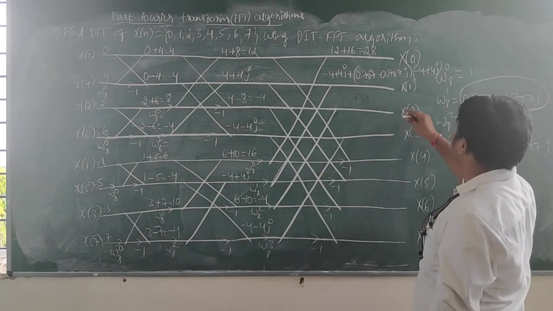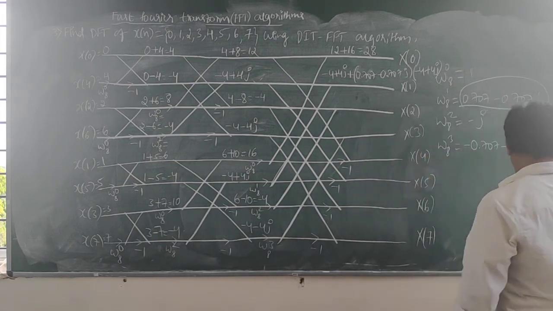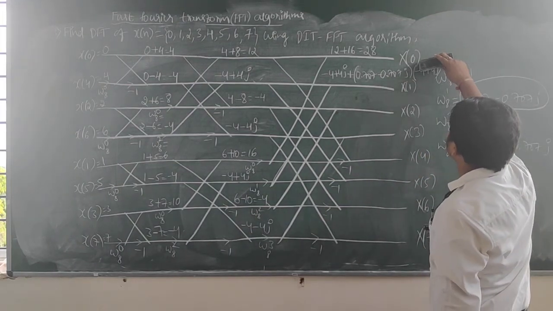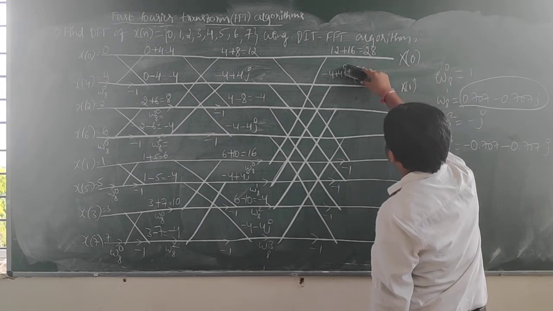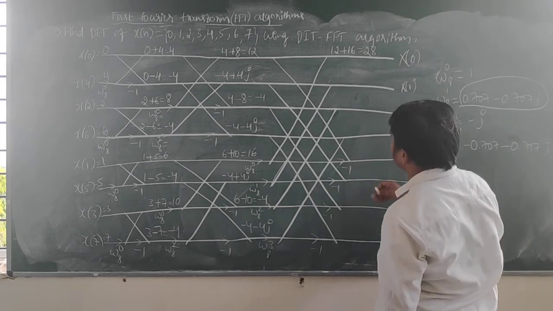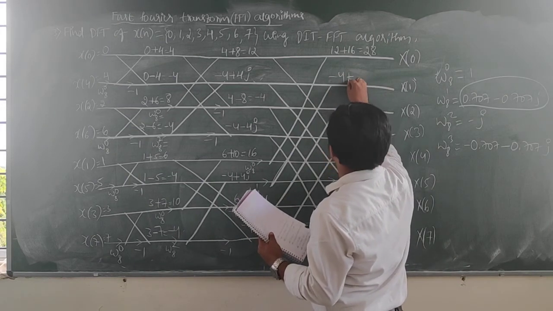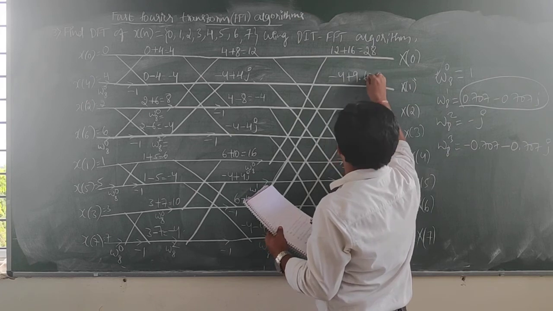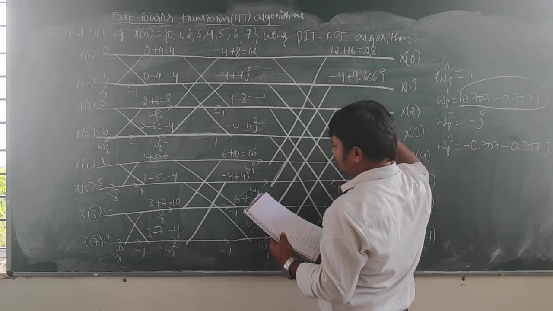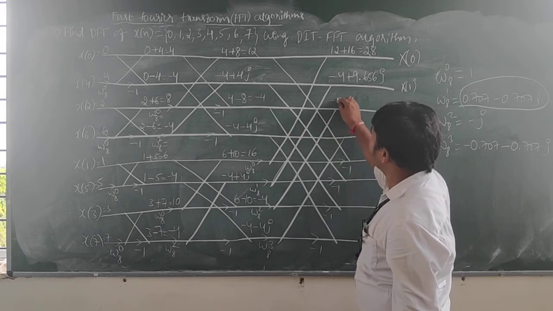If you solve this, I get minus 4 plus 9.656j.